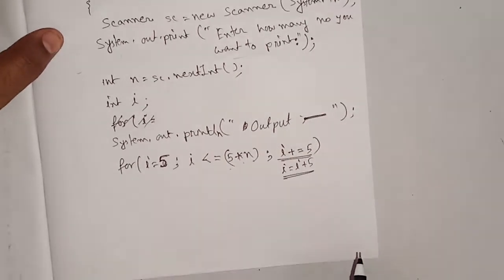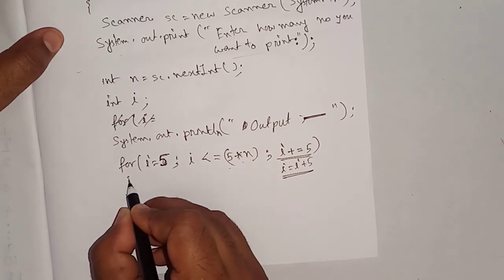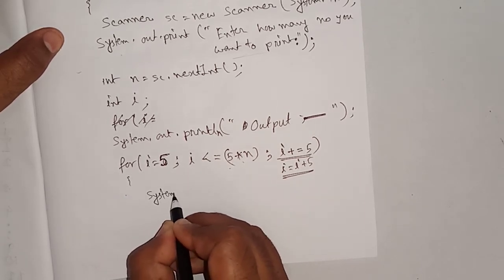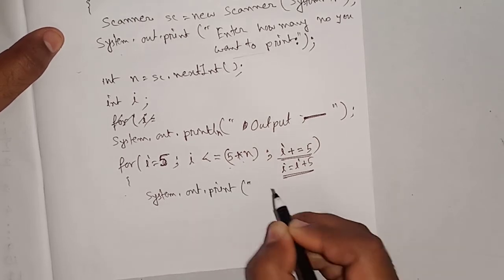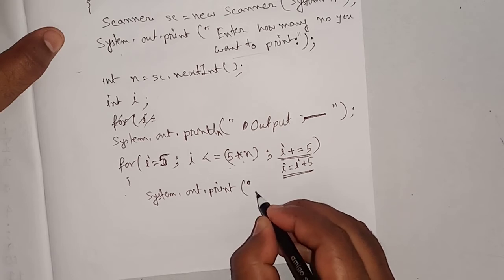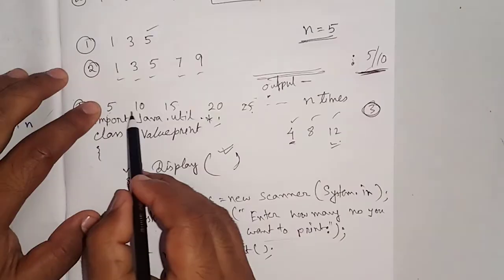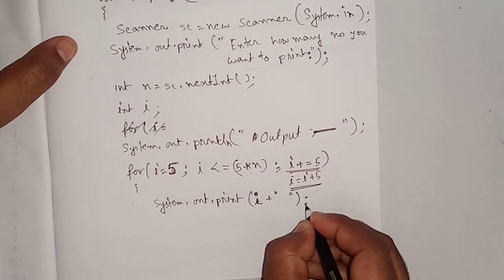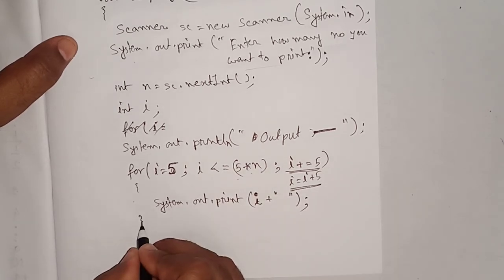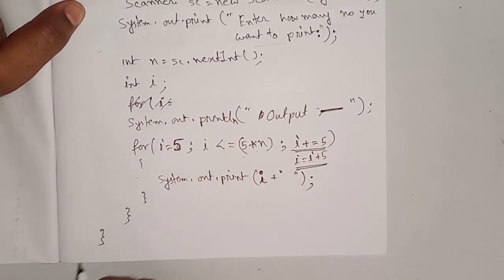Okay, then System.out.print, value of i, and you just provide a blank space for the gap, then bracket close, semicolon, then for loop braces close, method braces close, and class close.